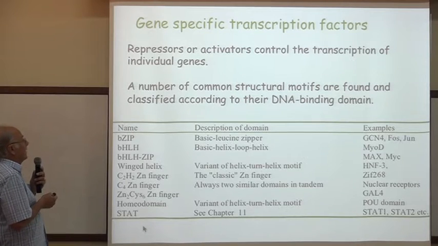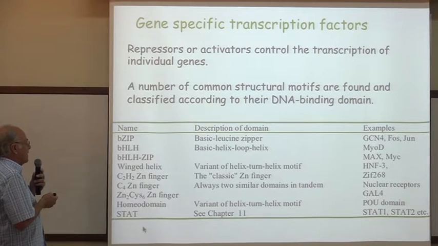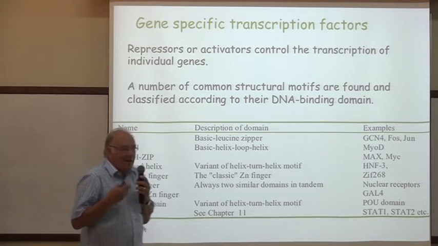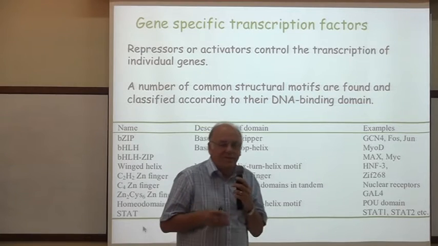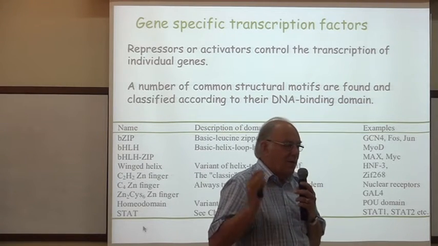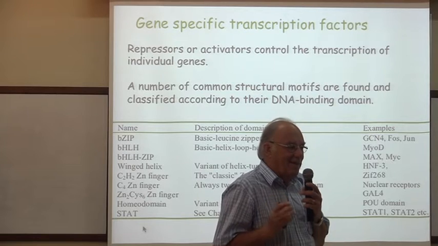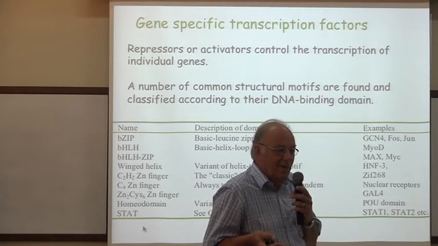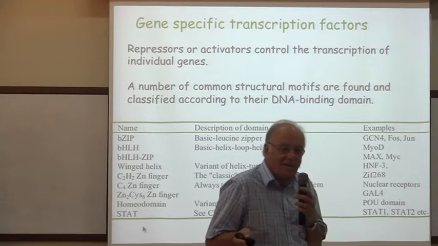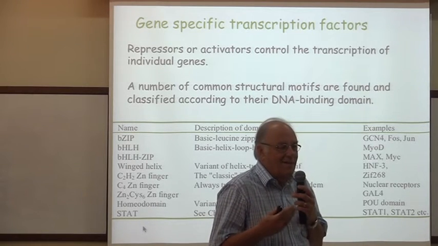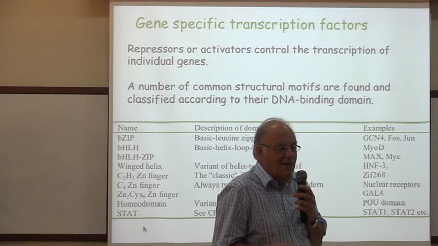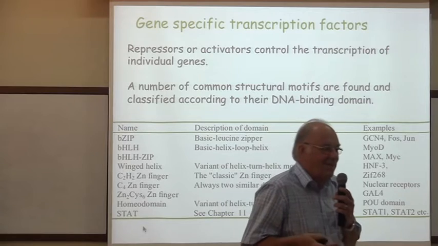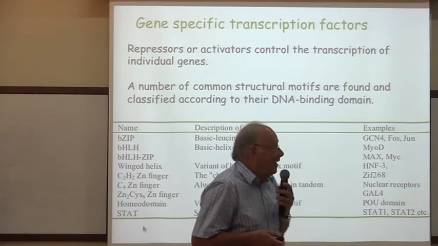Then we come to a different field here, and this is the gene-specific factors, because maybe I have not emphasized it enough, but you don't want to express all the genes all the time. The genes are expressed when there's a specific need of them. If you take a newborn baby, it has very specific needs for genes, and an old man like me has entirely different needs of expression.